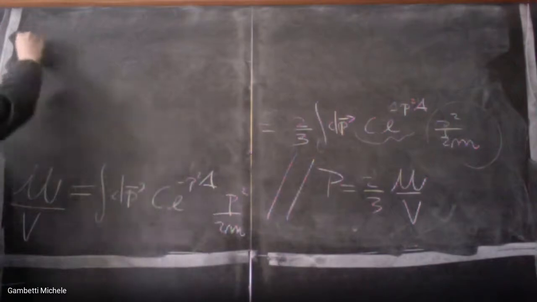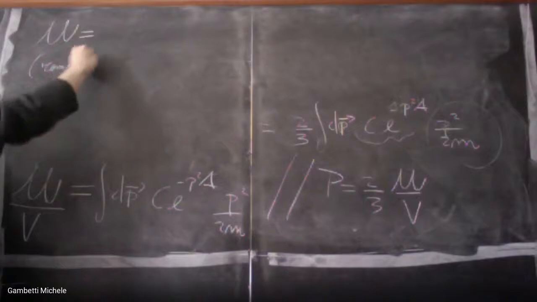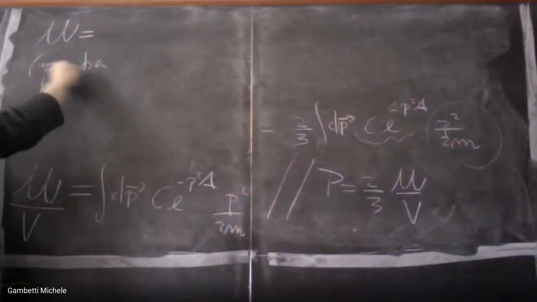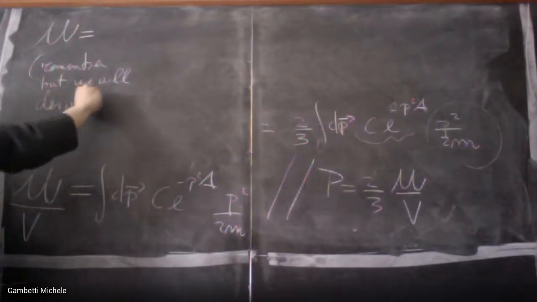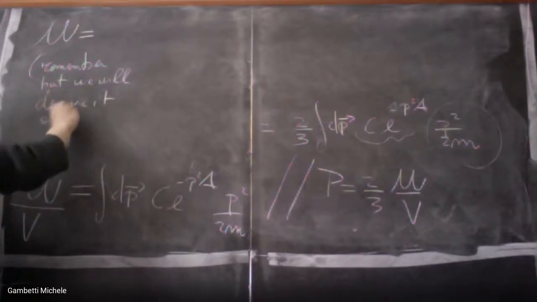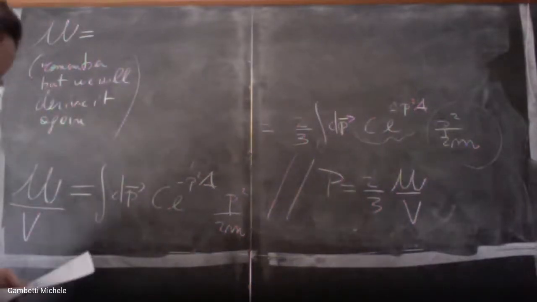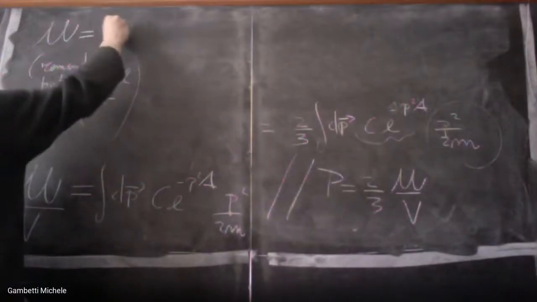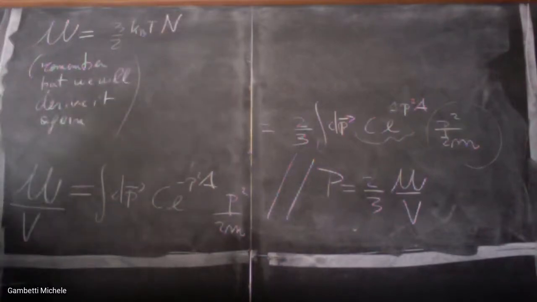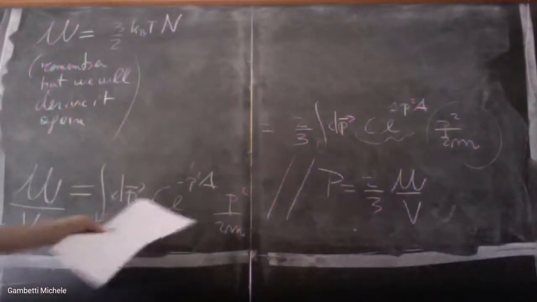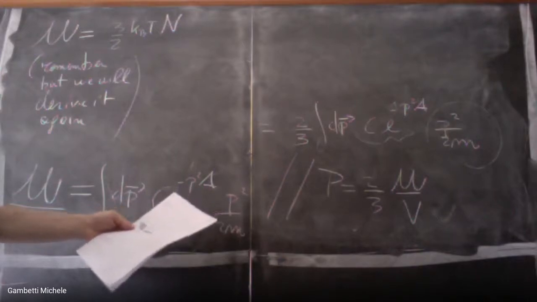You might remember that u for such a system is 3/2 kB T times the number of particles, and then from this you actually get the normalization A.